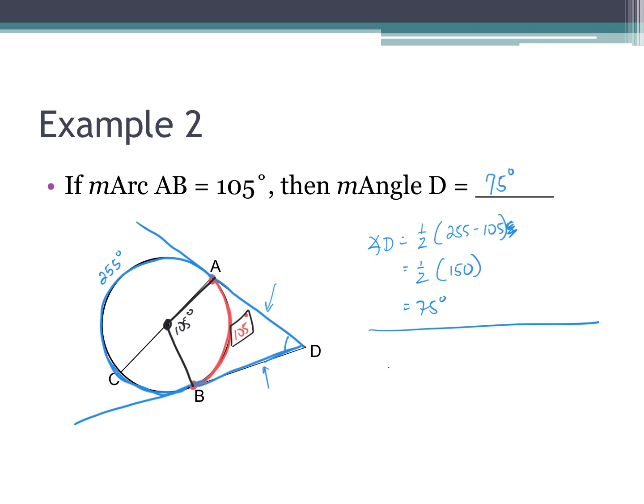And remember that in this case, angle D is 180 minus the central angle, which is 75. And so again, this was that shortcut we learned about on that last slide. So this was the longer way, this was the shortcut. Either one would work here.